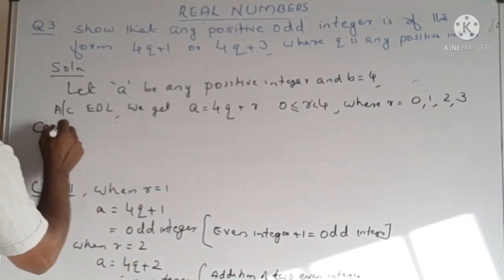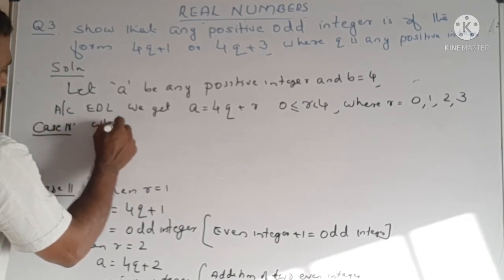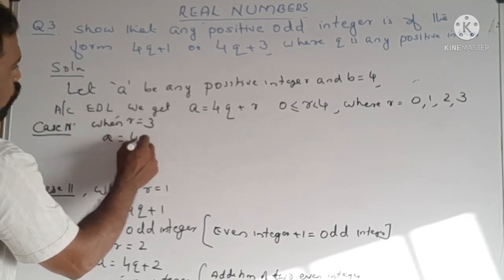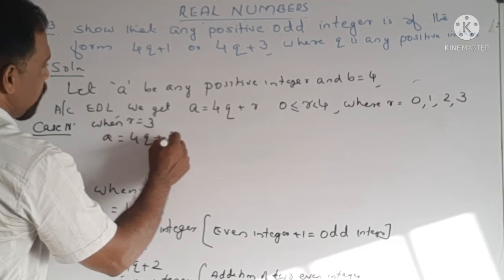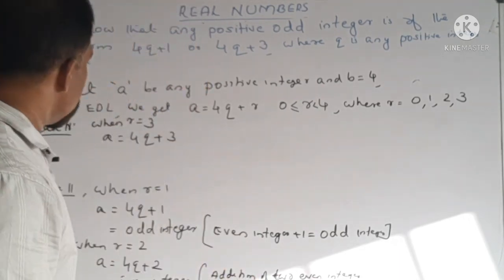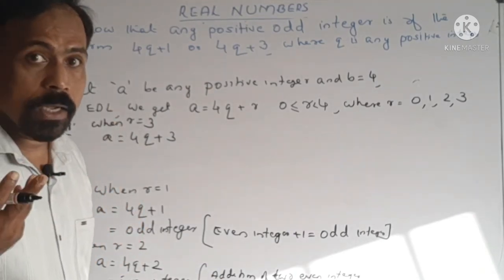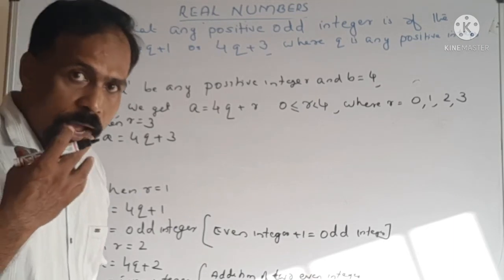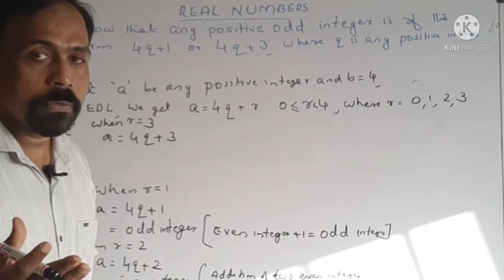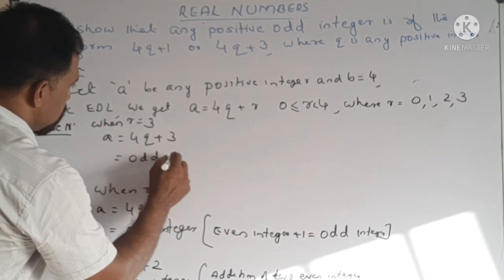Now case 4, when r is equal to 3. So our equation will become a is equal to 4q plus 3. Now 4q, we have already proved that it is an even integer. An even integer plus an odd integer will always give you an odd integer. So it is an odd integer.